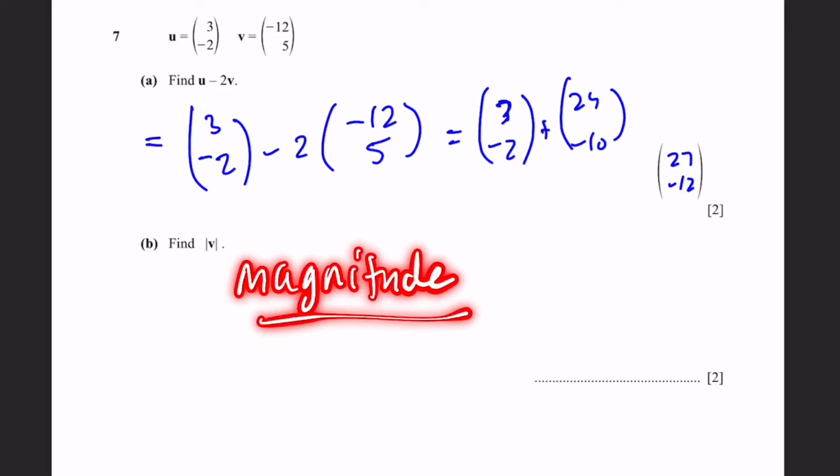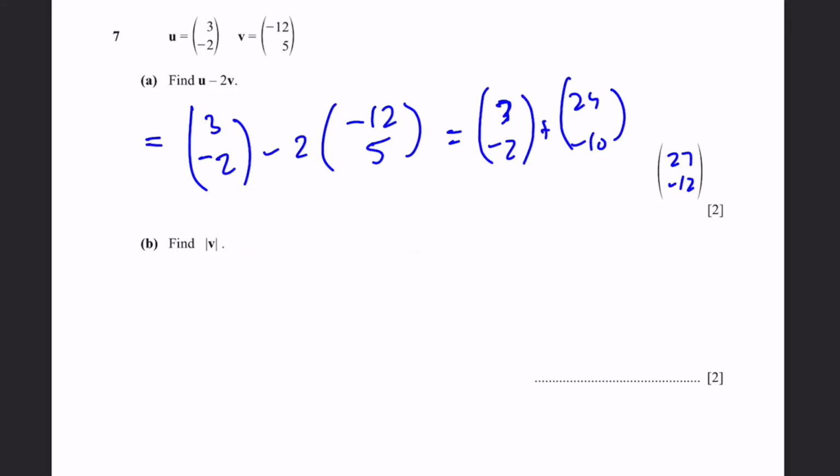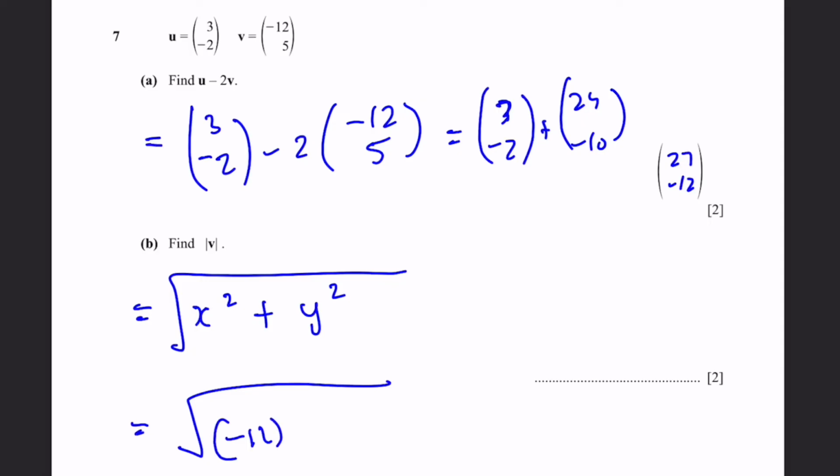It is the magnitude function. So the magnitude is going to be the root of x squared plus y squared. And this is the magnitude of one vector, of course. And that is going to be the square root of negative 12 squared plus 5 squared. That's going to be the square root of 169, which is 13.